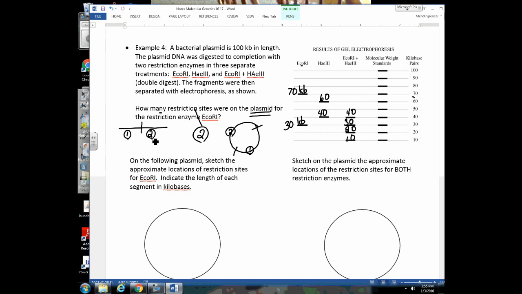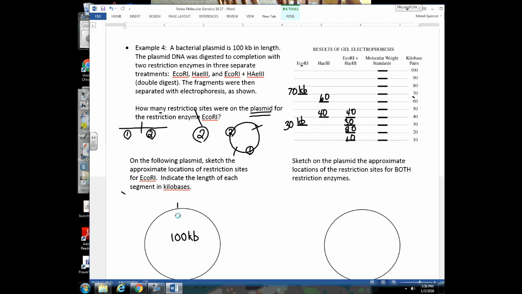So let's go down here, and it says, on the following plasmid, sketch the approximate locations of restriction sites for EcoRI. Indicate the length of each segment in kilobases. Again, hit pause if you want and try to answer the question and see if it matches what I'm going to get here. First, we should probably note that this plasmid is 100 kilobase pairs long.